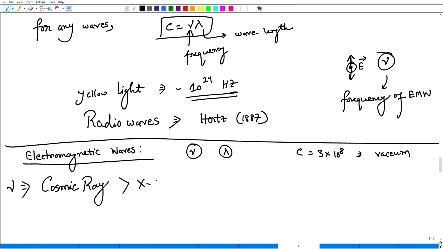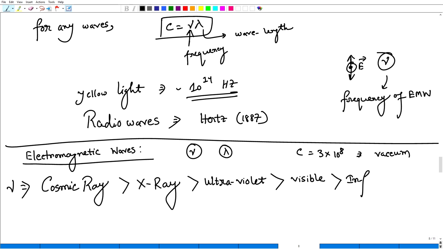After that X-ray, after X-ray it is ultraviolet, then visible, infrared, after infrared microwave, and then short radio and radio.